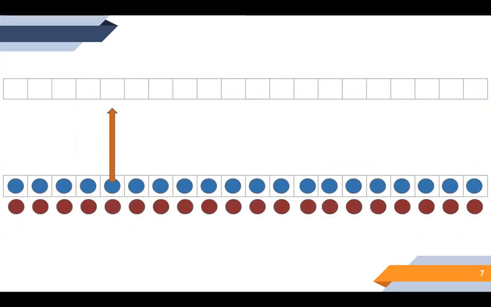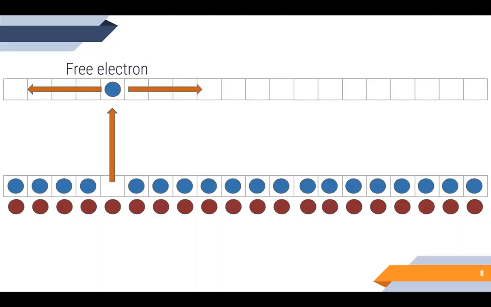Let's just show one row for the top energy band and one for the bottom energy band. In a semiconductor, the gap between those two energy levels is just small enough for thermal vibrations to allow an electron to sometimes jump from the lower to the higher energy level. Now that the electron is in the higher energy level, it's free to move around.